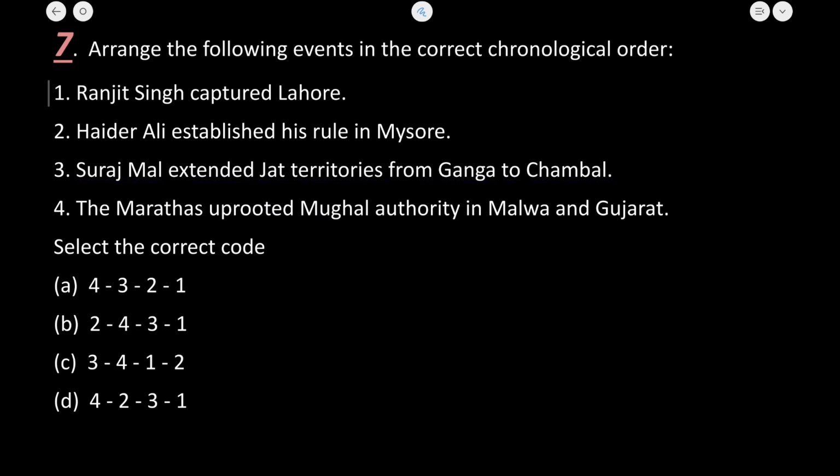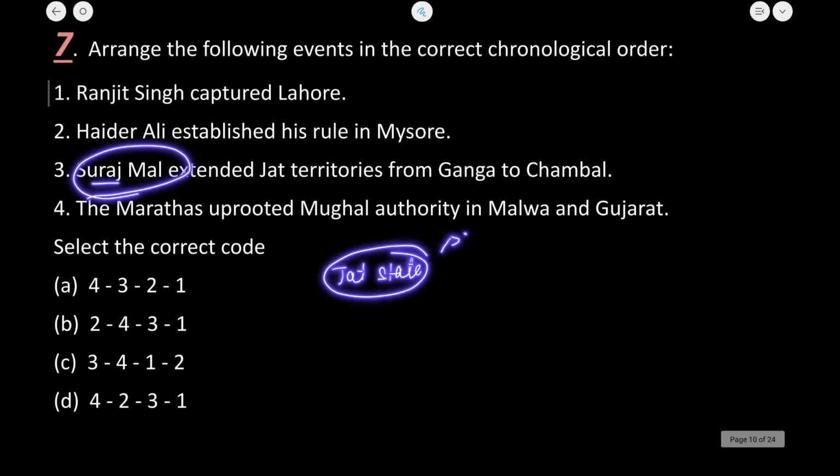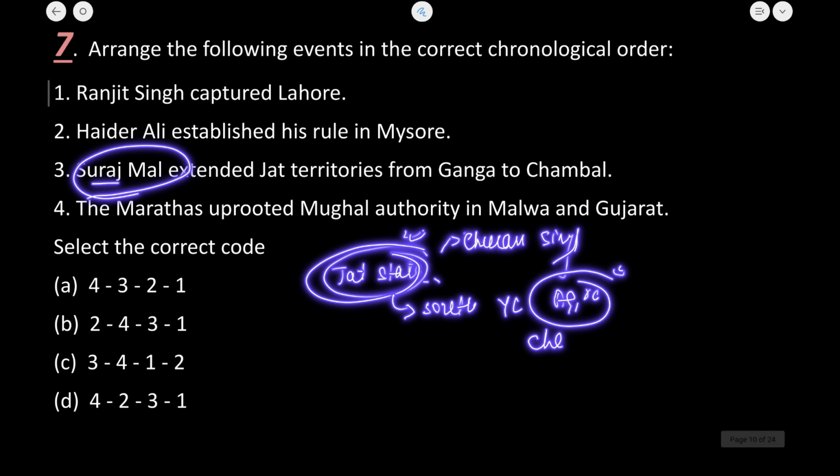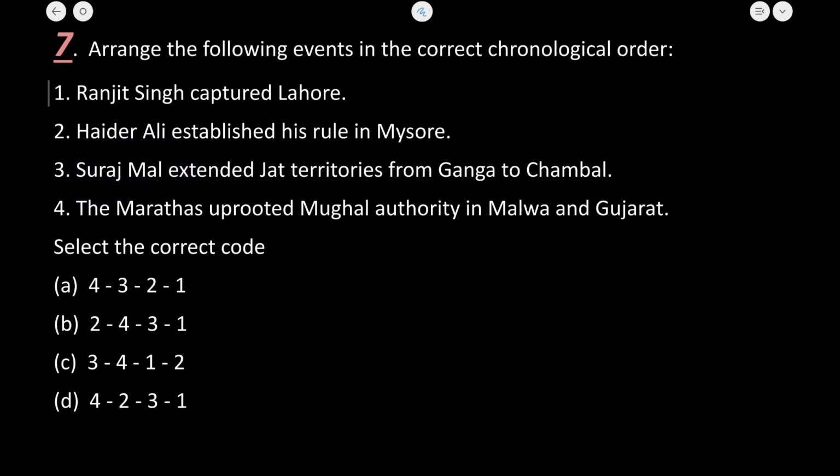Now the Jat state was a new state that was formed. Now Surajmal, Churaman, Badan Singh, these were all some of the prominent Jat leaders, and they had influence over the area south of Yamuna, present-day Agra, Mathura etc. ये जो एरिया था, चंबल का एरिया, ग्वालियर का एरिया, these were the areas of the Jat leaders.